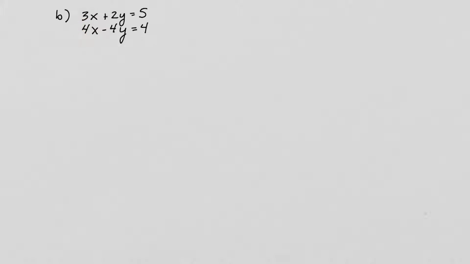There's a 3 here and a 4 here, so I'm going to multiply the top equation by 4 and the bottom equation by 3, and make one of them negative so that one will drop out. So I end up with minus 12x minus 8, well, this one's going to work out okay. I was looking for a problem that didn't work out okay, but I see I messed that up.